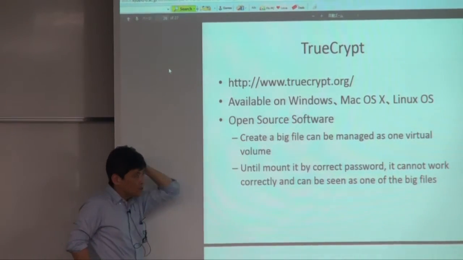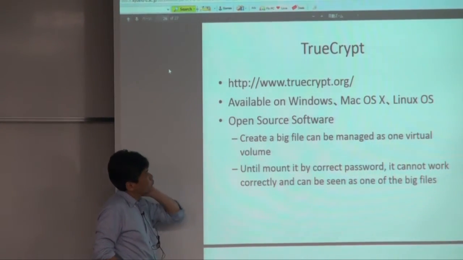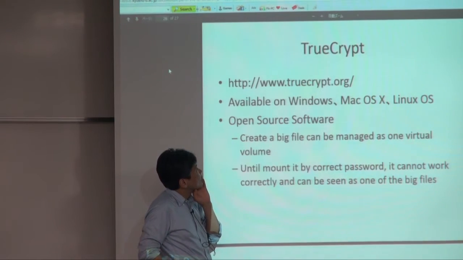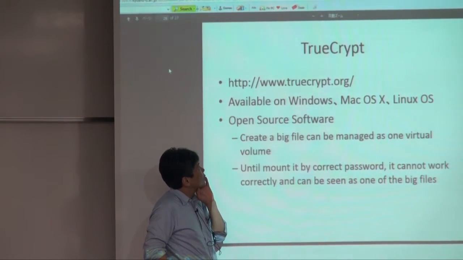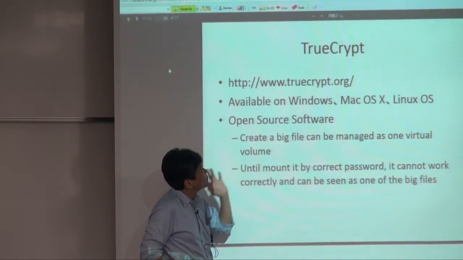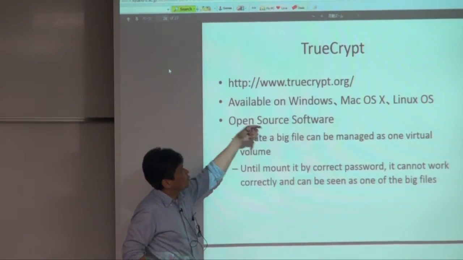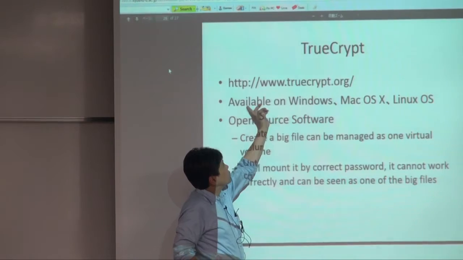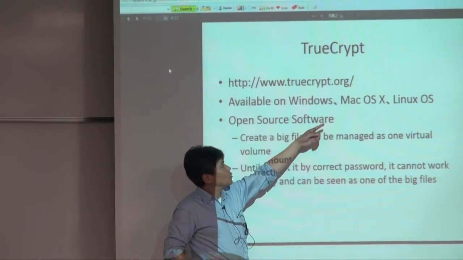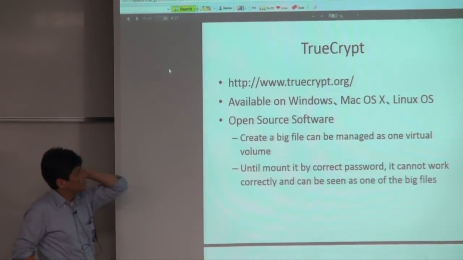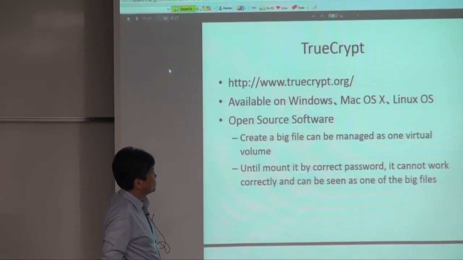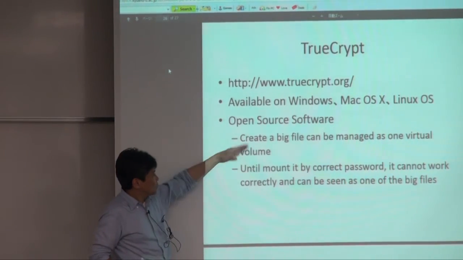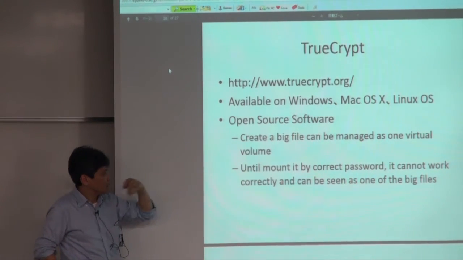Okay. So this software is available on multiple platforms: Windows, Mac OS, Linux. Okay. The purpose is shown here.